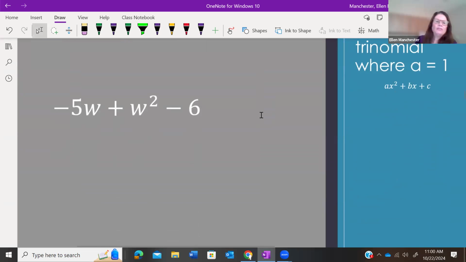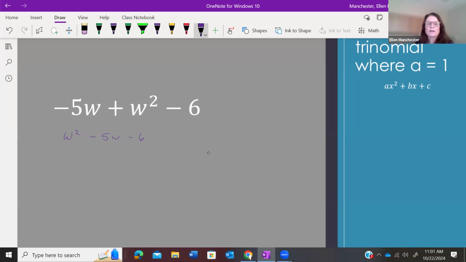So this one, if you notice, it's out of order, right? So you always want to rewrite it so it is in descending order. So the squared term comes first, the single variable comes second, and then the constant is third. So now I have A, B, and C all in the right order.